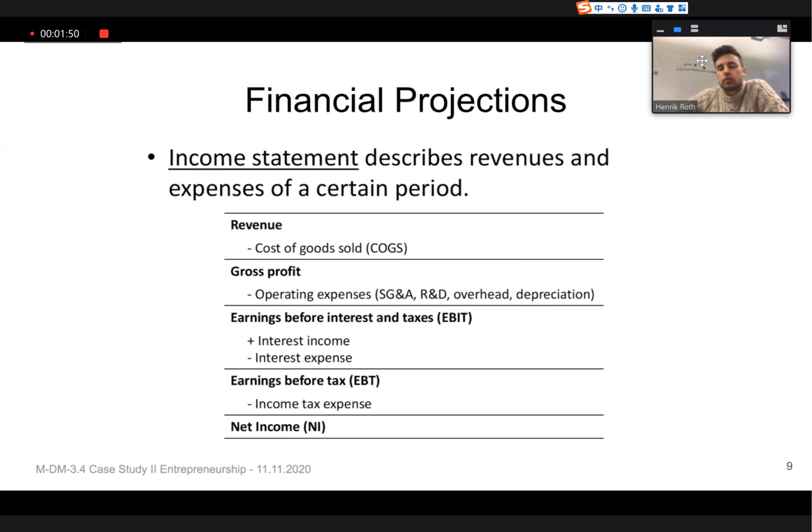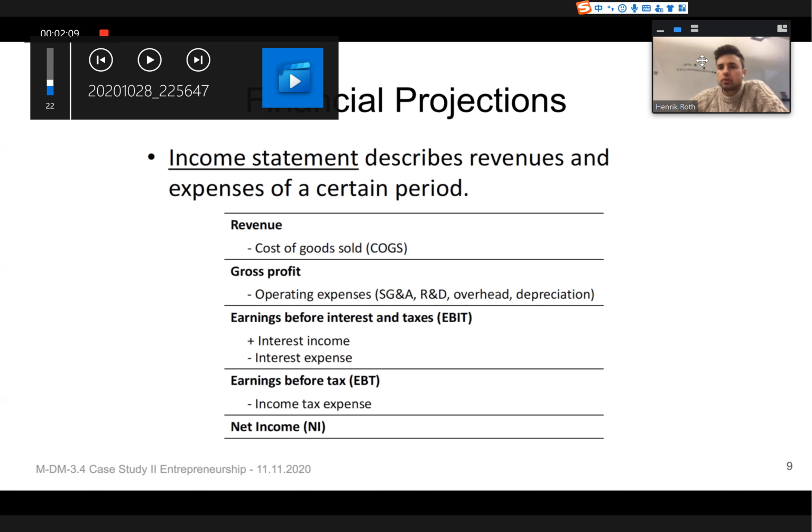Then you subtract the cost of goods sold, the COGS, as they are called in short. Funny name if you pronounce it. But what does it mean, the cost of goods sold? It's all the costs which are related to selling your goods.